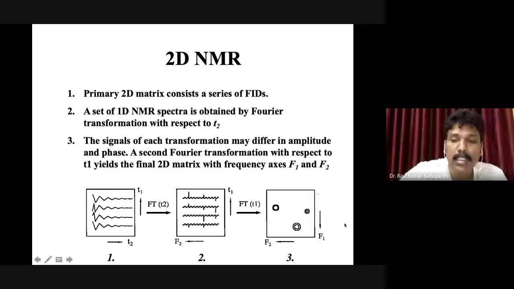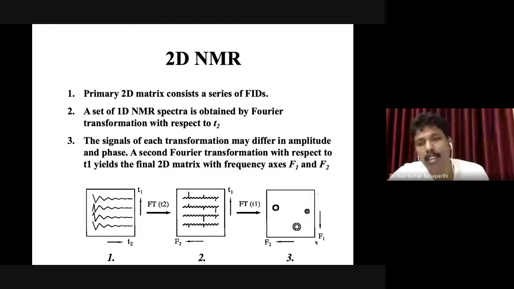As a result, we get a contour plot. The two-dimensional NMR plot is represented as a contour diagram with dots: a thicker dot, a thinner dot, a simple point. Broadly, these are the steps followed in two-dimensional NMR spectroscopy.